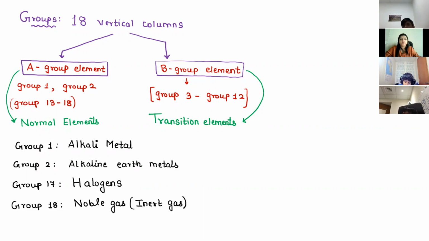So from this, what we can conclude? Can I say that first and second group contains all metals, because that's why the name is metals? The last column, group 18, noble gas, means all of them are gas.